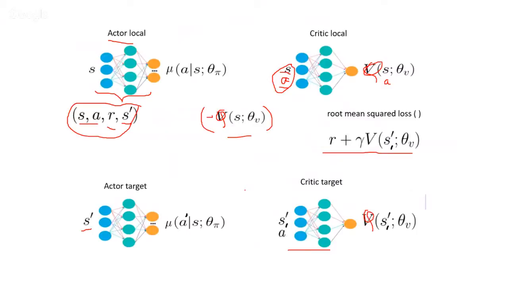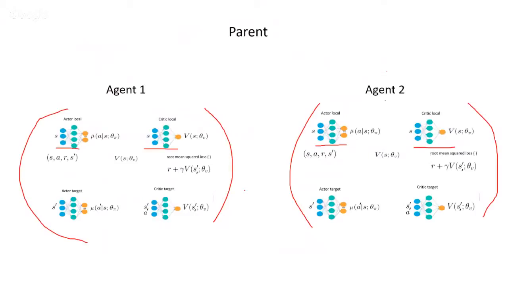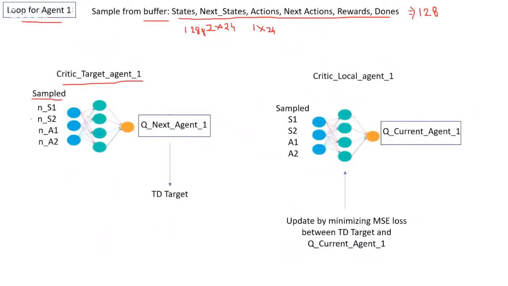But since we have two agents now, we have to stack up the next state of both and the next actions of both. So we start with the next, not the current. We stack them together and input them to the critic target network of agent 1. That will give us a Q action value for agent 1.